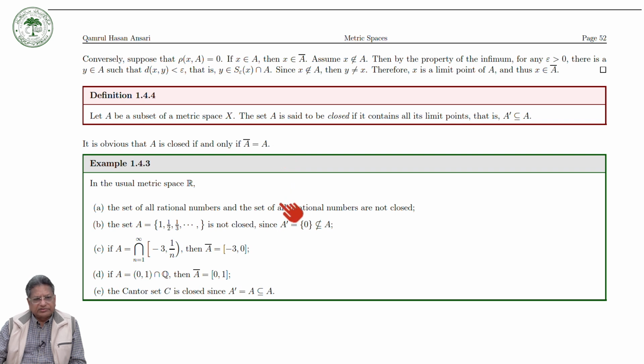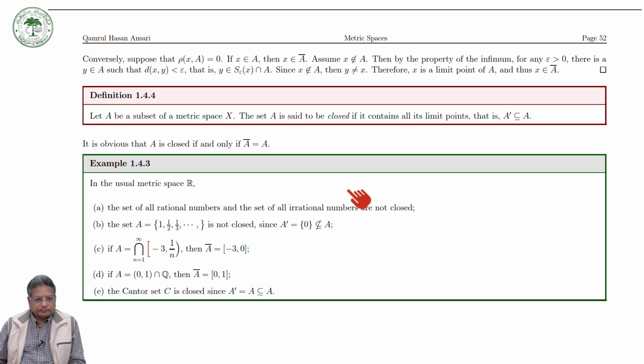Consider the set of all rational numbers. What is the derived set of the set of all rational numbers? It is the whole real line. But the whole real line is not a subset of the set of rational numbers, and therefore it is not closed. Similarly, the set of all irrational numbers is not closed.